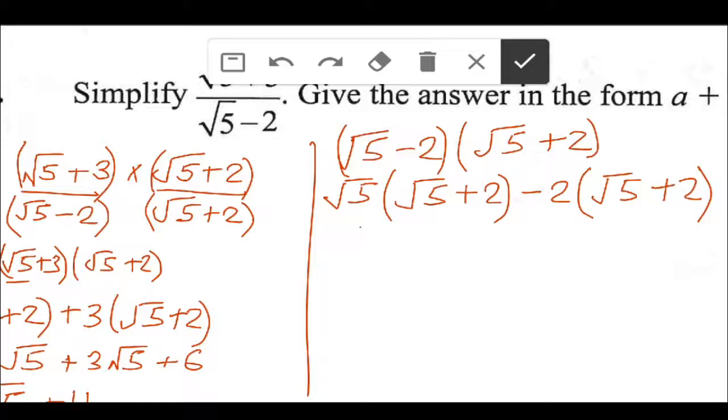So we open the brackets. Root 5 times root 5 is 5 without debate. Root 5 times 2 will be plus 2 root 5, minus 2 times root 5 will be minus 2 root 5, and minus 2 times plus 2 will be minus 4. So let's simplify. 5 minus 4 is 1. 2 root 5 minus 2 root 5 will just cancel. So we shall just be left with 1.